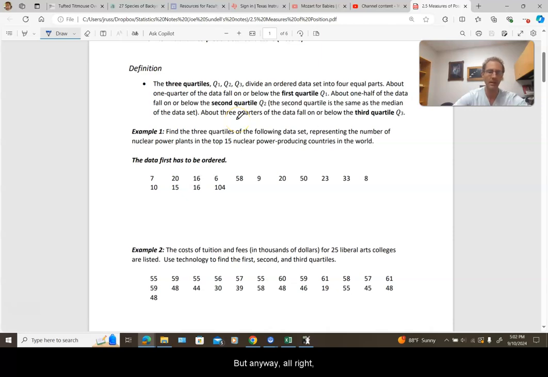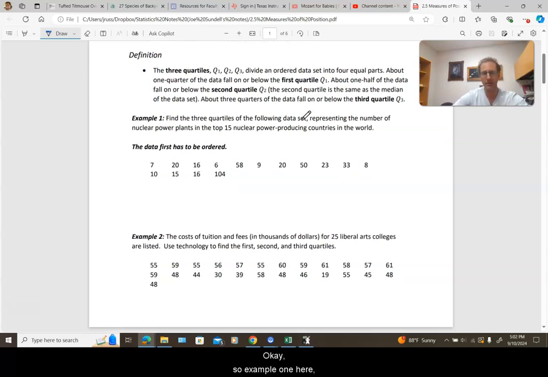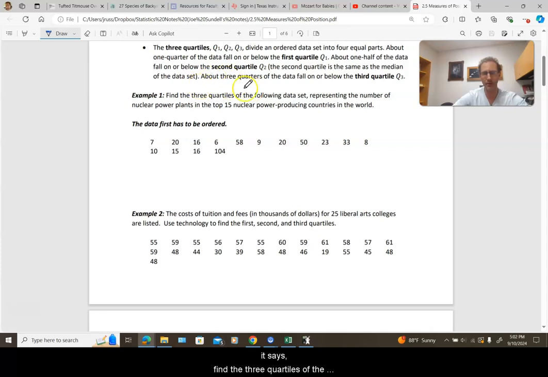But anyway, all right, so we'll do one by hand, but after that we're not going to do any by hand. Okay, so example 1 here, it says find the 3 quartiles of the following data set, representing the number of nuclear power plants in the top 15 nuclear power producing countries in the world.